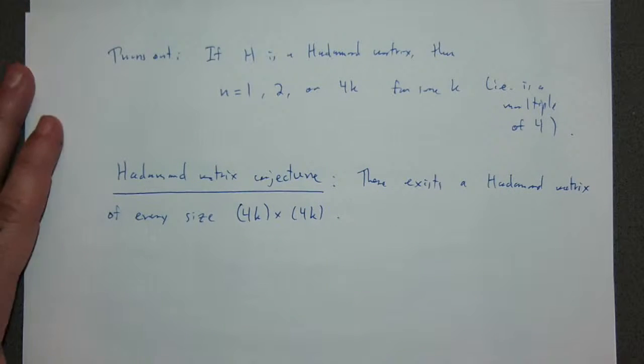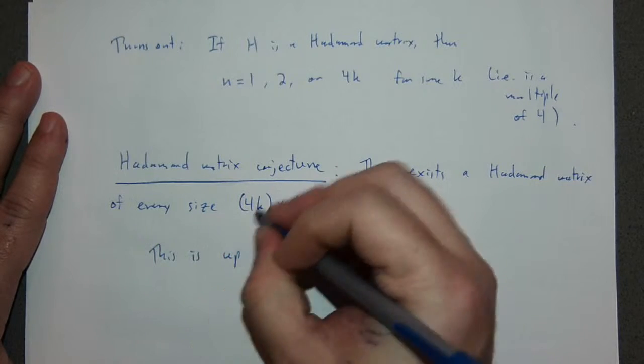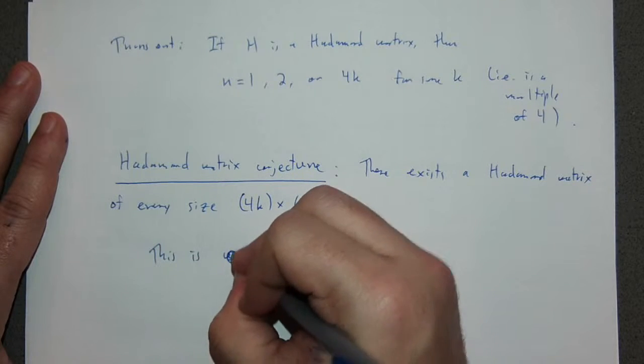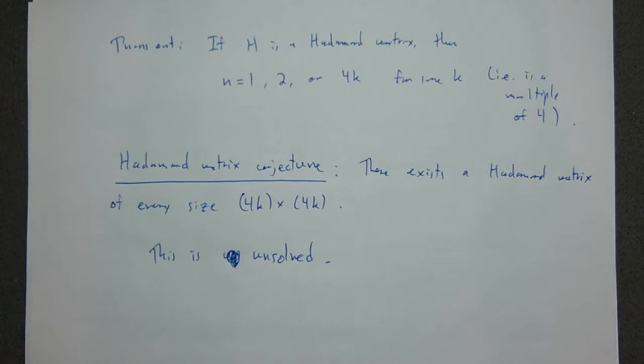This is unknown, so this is unproven, or I should say unsolved. In fact, it took a long time for people to even come up with respectable size Hadamard matrices. It was in the 60s, I think, that they came up with a 92 by 92.